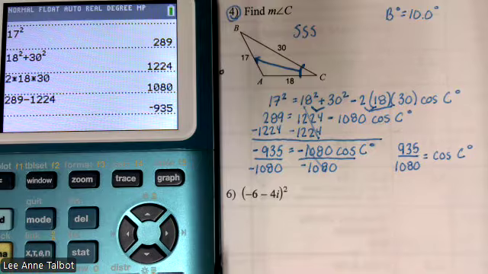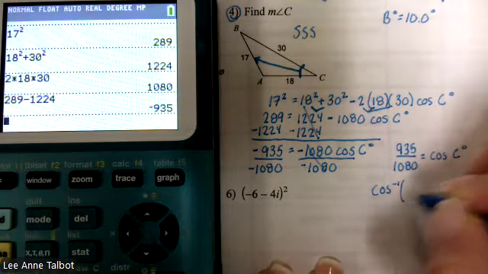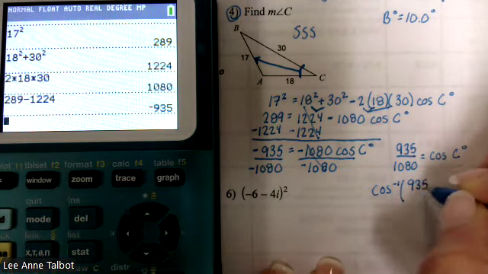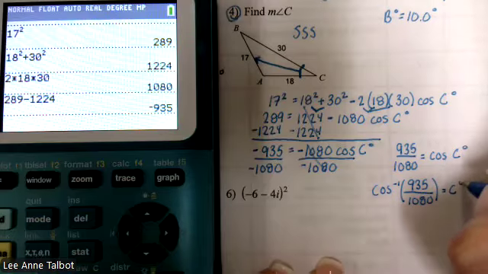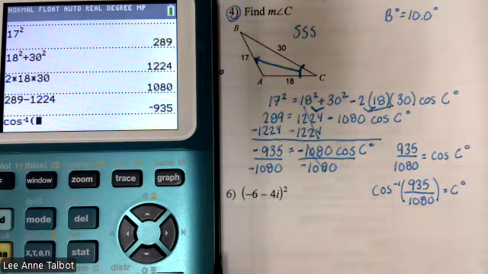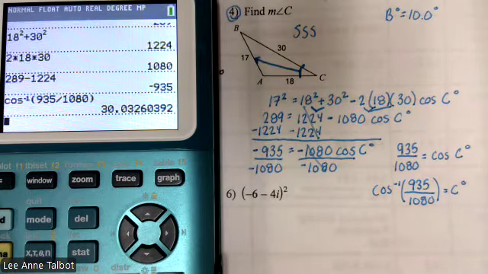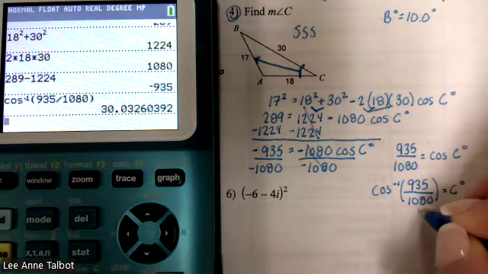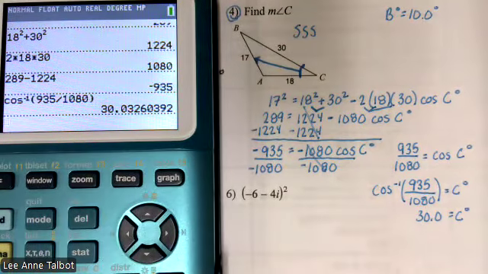And then I'm going to cosine inverse both sides, just like the previous problem, but it's cosine. And both of those ended up kind of nice, and that doesn't usually happen, but that's okay.